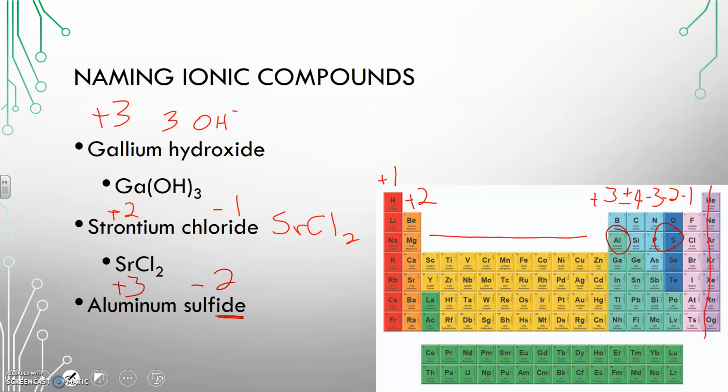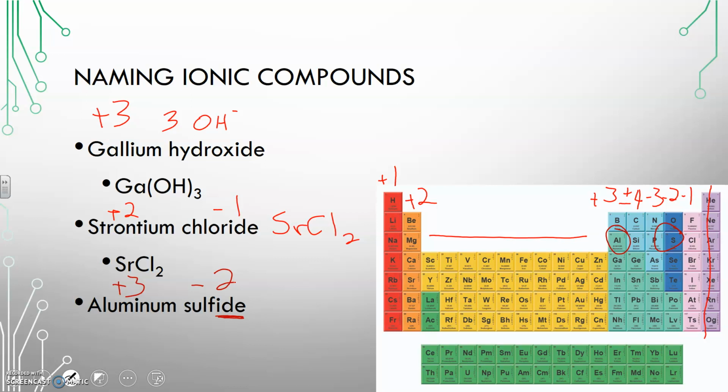All right, so this one is a little bit different. This is the first one that we've had that didn't have one of the ions as either a +1 or -1. Now we have a +3 and a -2. So you cannot use fractions in these formulas. They have to be whole numbers. So aluminum and sulfide don't go perfectly into each other. So what you do is you multiply them together.